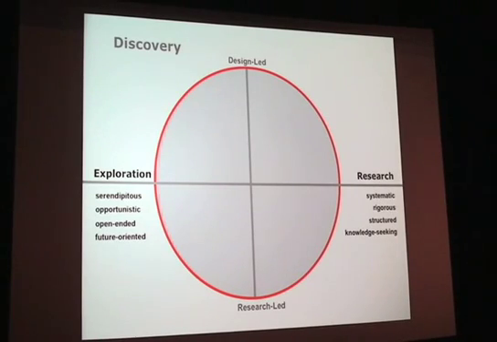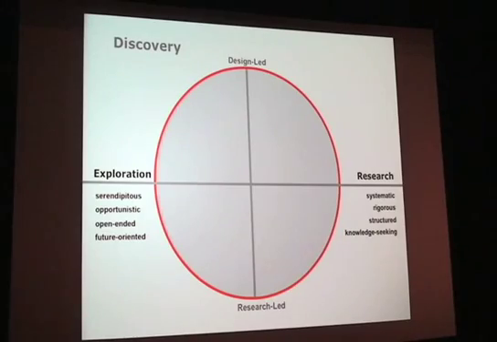Exploration would be serendipitous, opportunistic, open-ended, and future-oriented. So you're out there, you're learning, you're going places, you're not really sure what you're going to find. A lot of the front end is like that. Research is more systematic, rigorous, structured, and seeking knowledge more so than future-oriented.